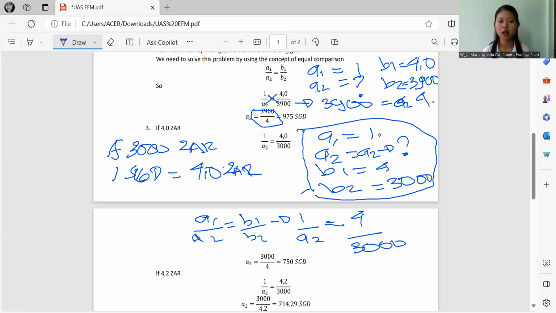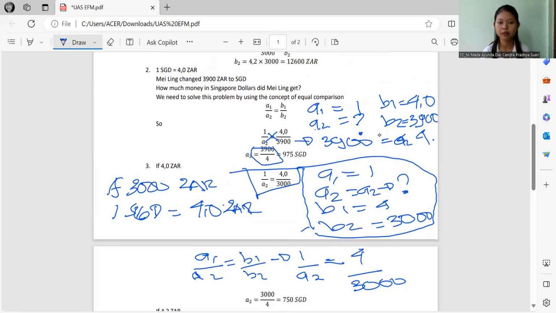We will solve this problem with cross multiplication.